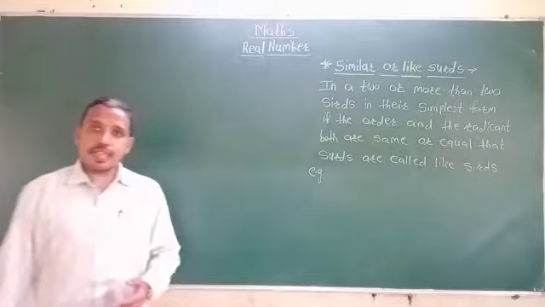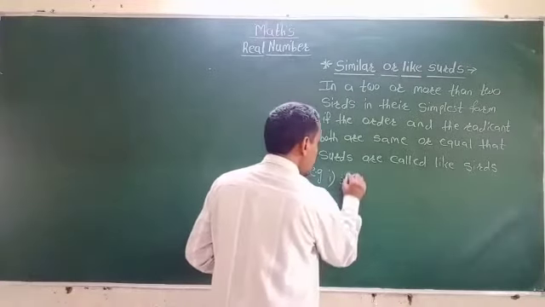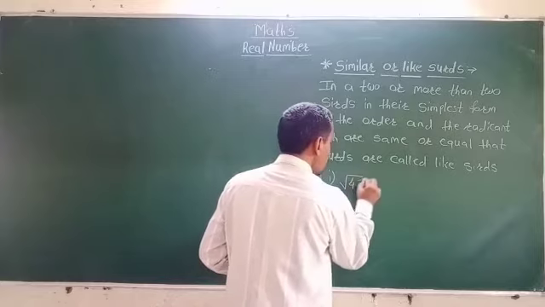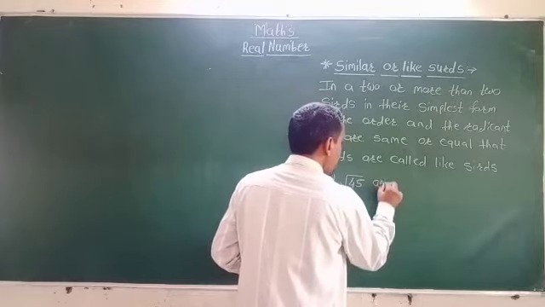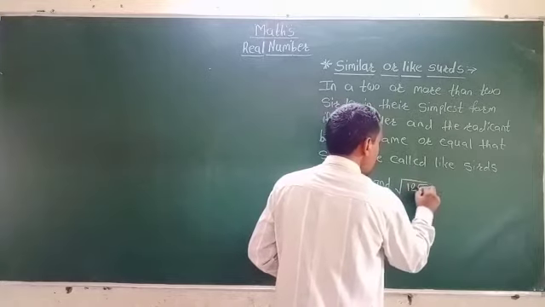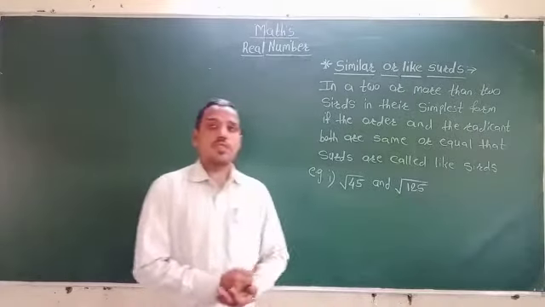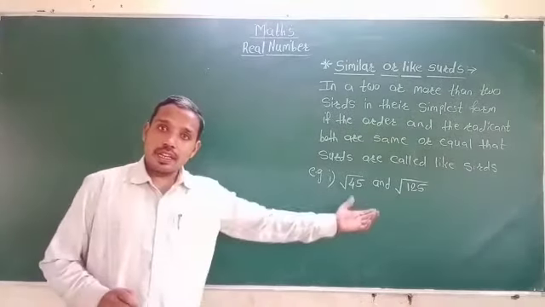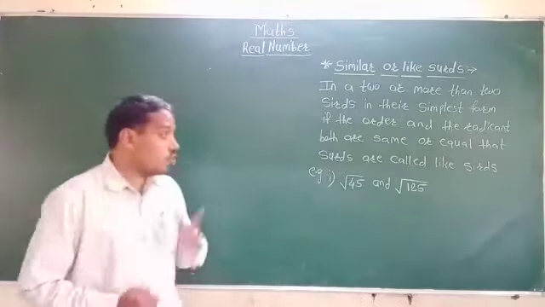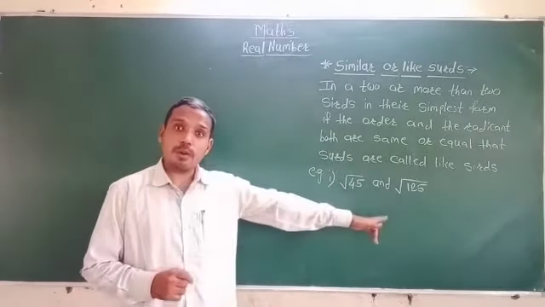The first example is root 45 and root 125. That means surd 45 and surd 125. These are not like surds, because they are not in the simplest form of the surds.